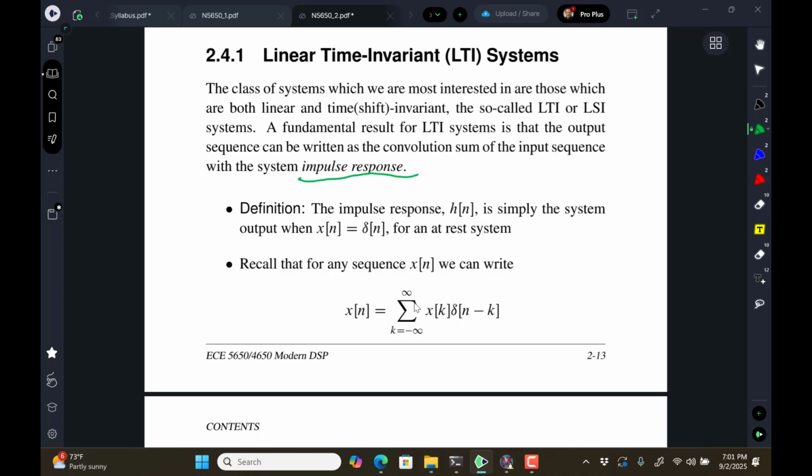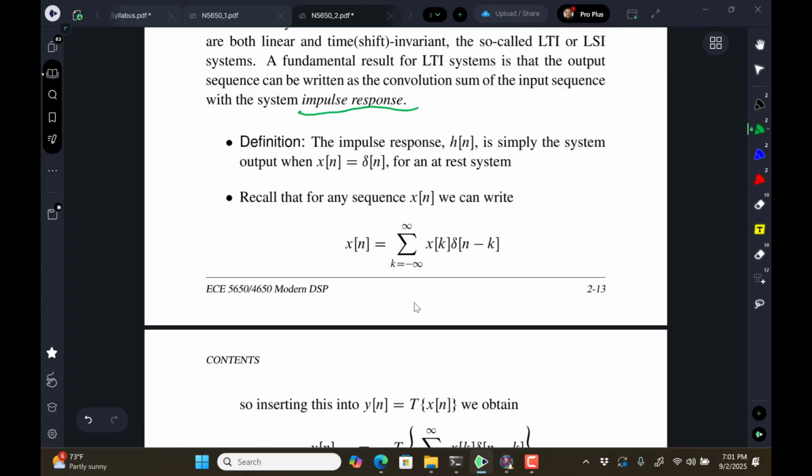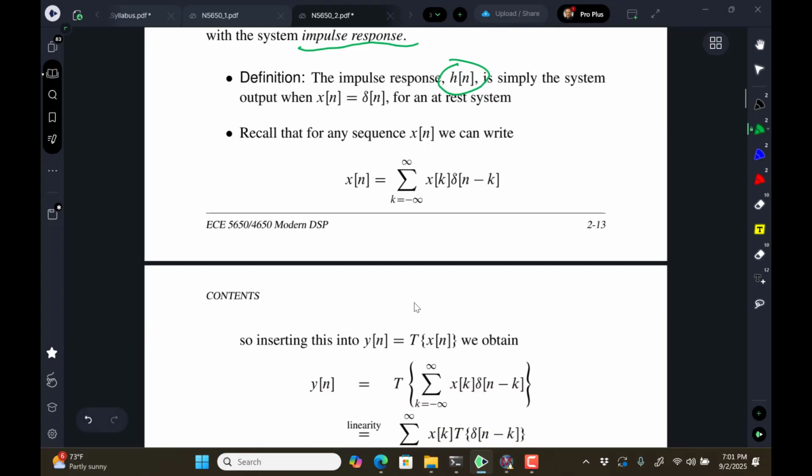It's the same today as it is tomorrow. It doesn't change with time, but it characterizes the system. So the impulse response is just firing in a delta when the system's at rest and getting its output. That characterizes this guy right here. And that's in homework problems, obviously, too.